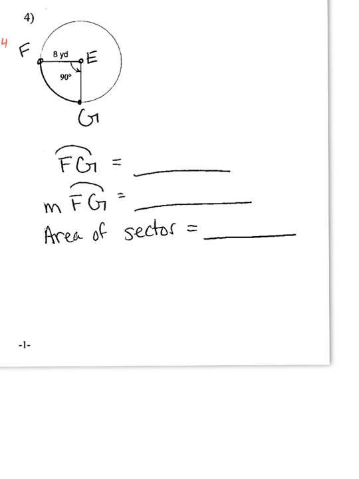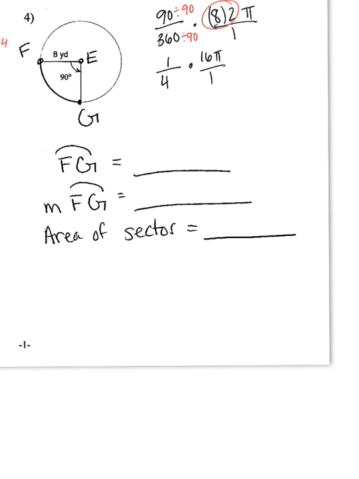Last but not least, number 4, let's go after the arc length for FG. So that'd be the central angle over 360 times that radius of 8 times 2, because I'm doing arc length, times pi. So 90 over 360, both of those numbers are divisible by 90. 90 goes into 90 one time, 90 goes into 360 4 times, and then 8 times 2 would give me 16 pi.